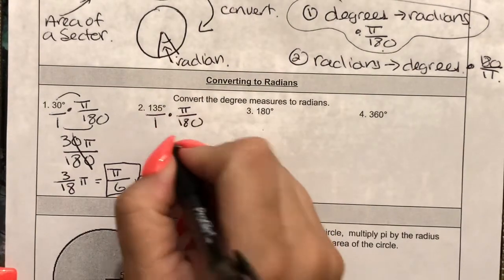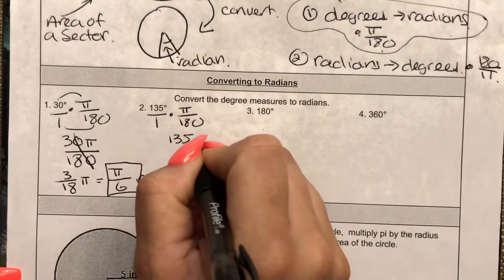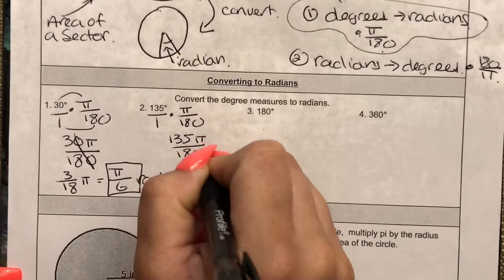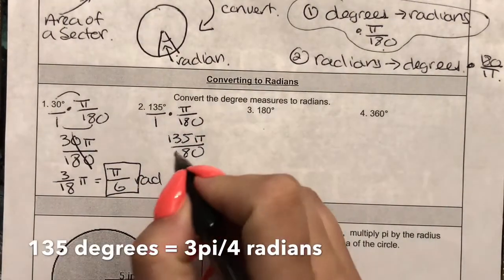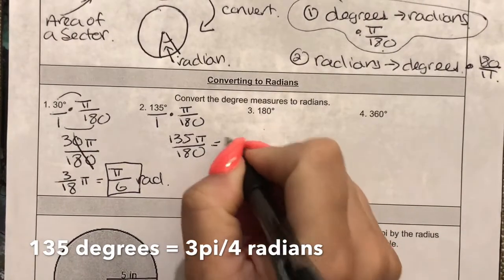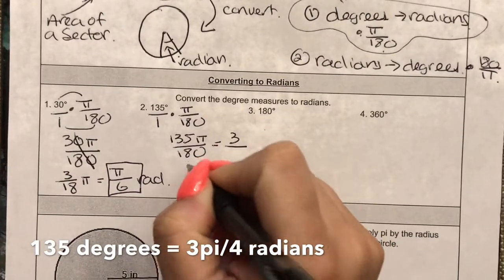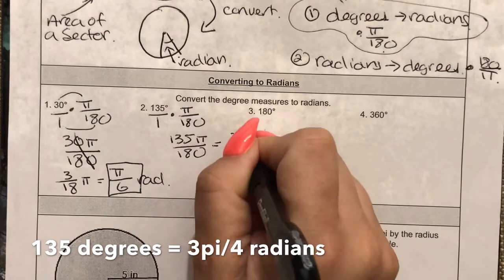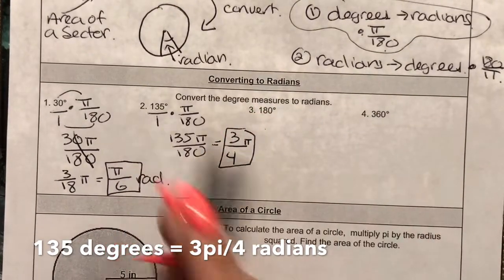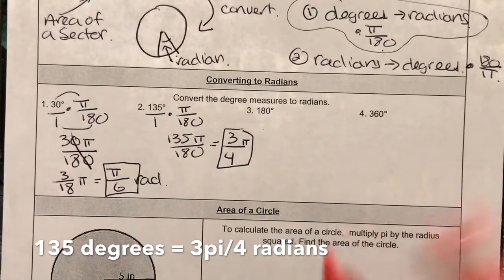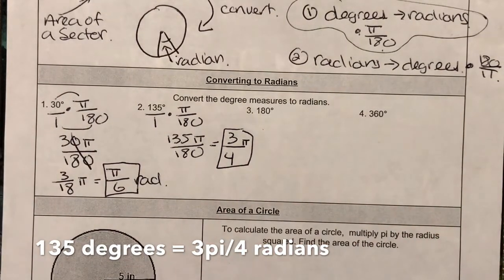This is going to give me 135 pi over 180. I can see that 45 goes into 135 3 times, 45 goes into 180 4 times, and there goes my pi. So 135 degrees is equivalent to 3 pi over 4.